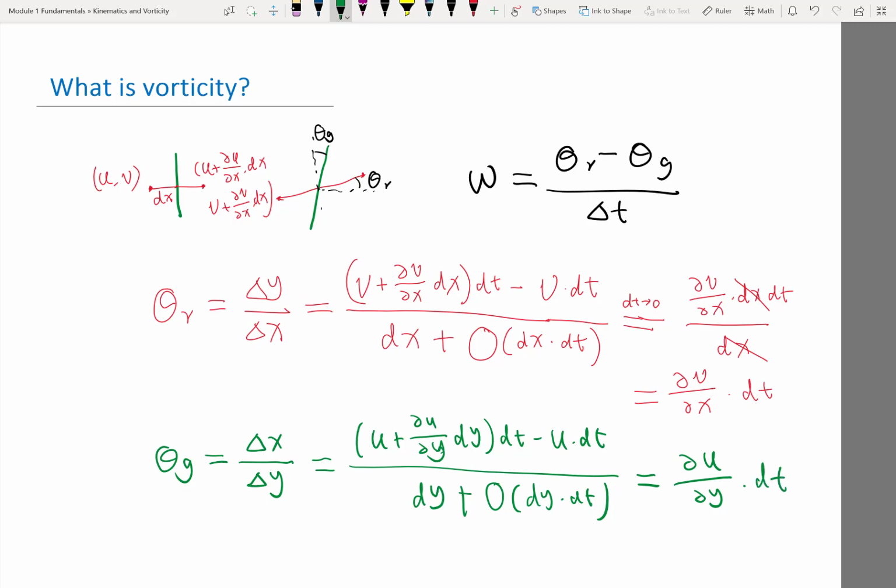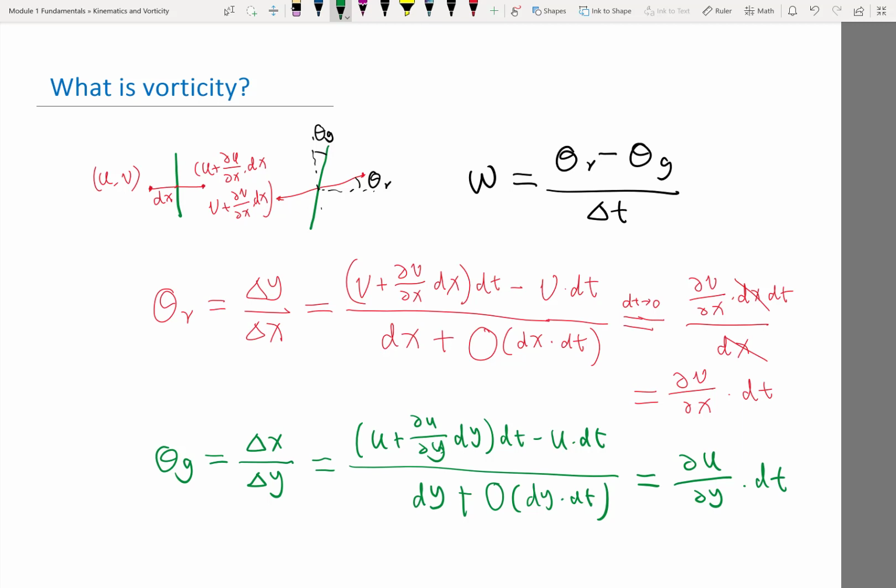So the amount of angle per unit time, or the angular velocity, right, of the red line and green line, are partial v partial x and partial u partial y, respectively.